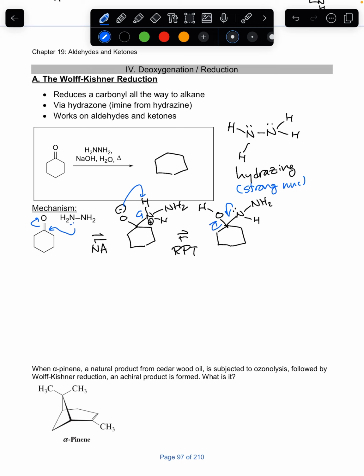Now, some of you might feel a little uneasy about kicking off hydroxide because hydroxide is not the best leaving group per se. It is a leaving group, it's just not a good one. But the reason why this does happen, part of it is because of the heat that we are adding. Remember, heat tends to encourage elimination type reactions, such as this, we just eliminated hydroxide. And plus, the eliminated hydroxide is able to pretty much immediately become stable water by picking up a proton anyway.